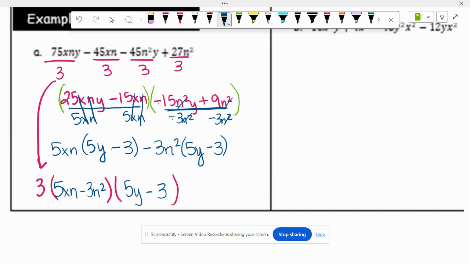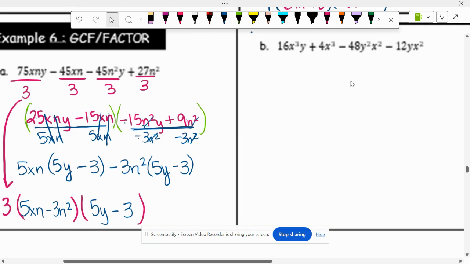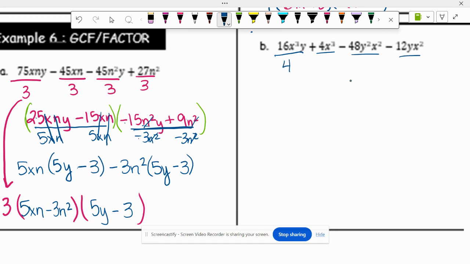Okay, are we ready to do the next one? Okay, so let's look at this and tell me what you think your GCF is. 4, it's also got a variable term. 4x squared.